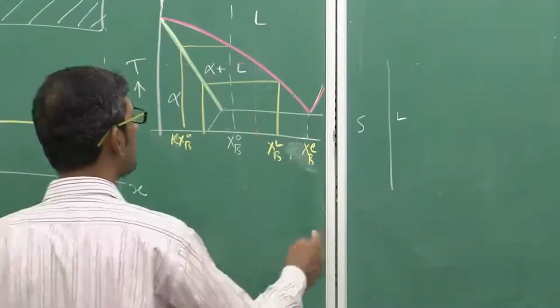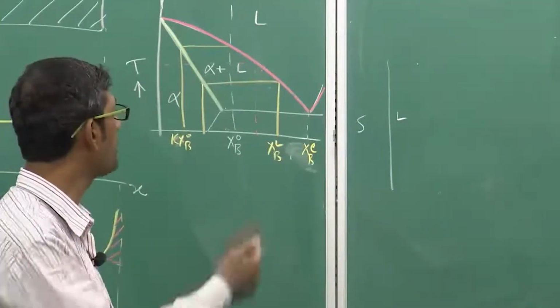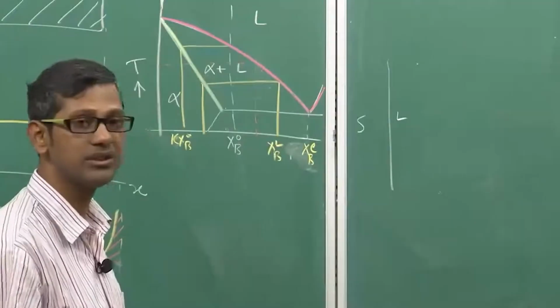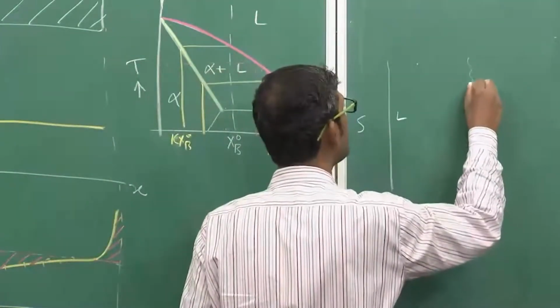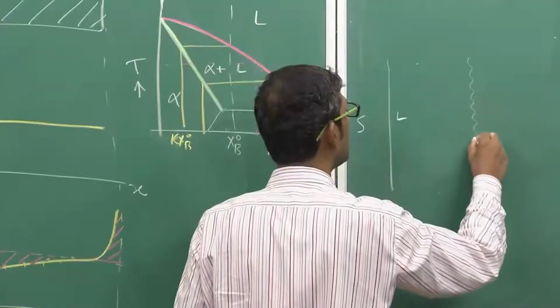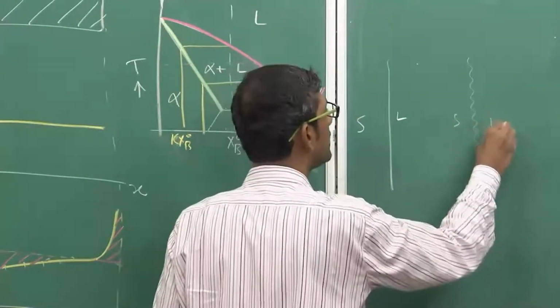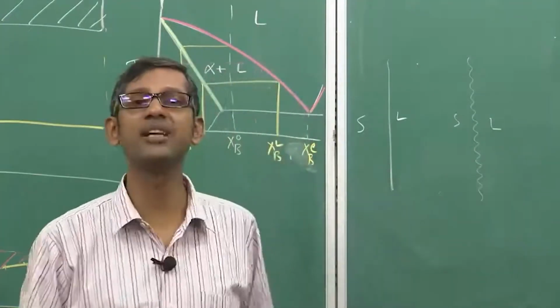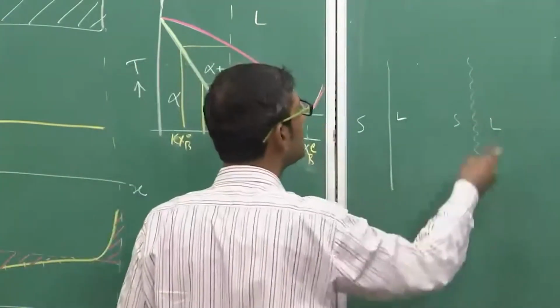So there will always be some fluctuations of temperature or composition, or maybe some other elements like oxygen, nitrogen in the environment. These fluctuations can lead to the interface becoming perturbed. That means I can develop some sinusoidal perturbations on the surface.